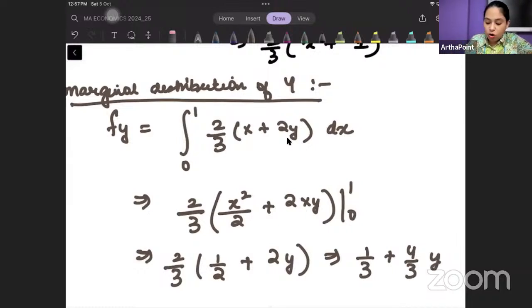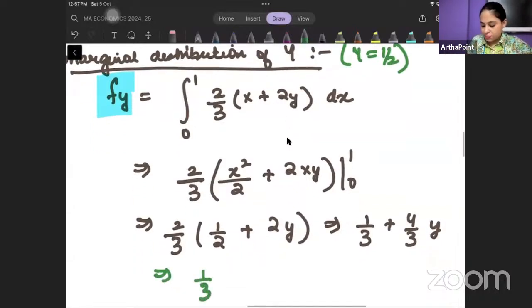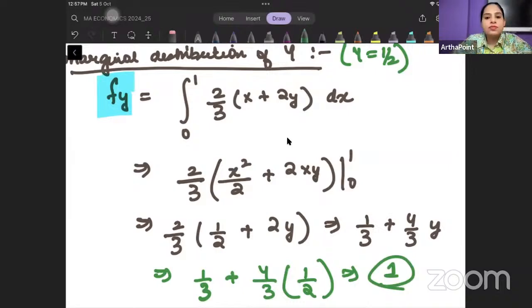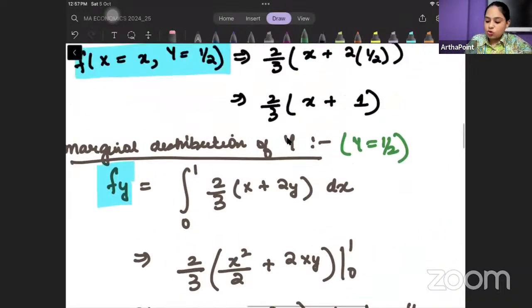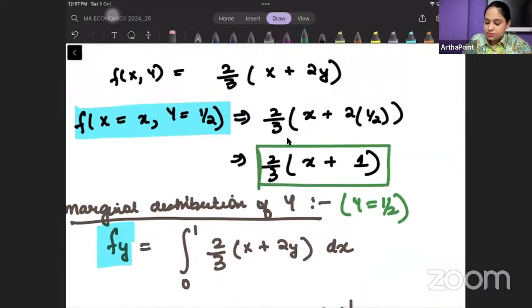Now, the denominator tells me that this marginal distribution needs to be evaluated when y is half. So I will put y as half, and I will get the answer as 1. So the denominator will be 1. The numerator will be this.